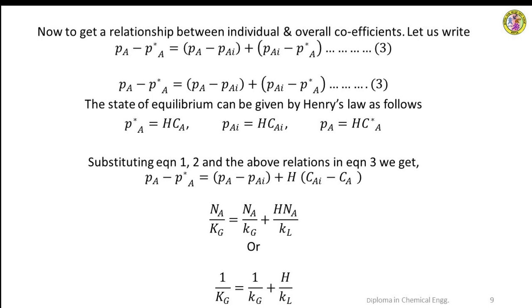This is the relationship between the overall coefficient capital Kg and the individual mass transfer coefficients small kg and small kl. In the same way, if you go on deriving, you can get the relationship between all the other overall and individual coefficients.